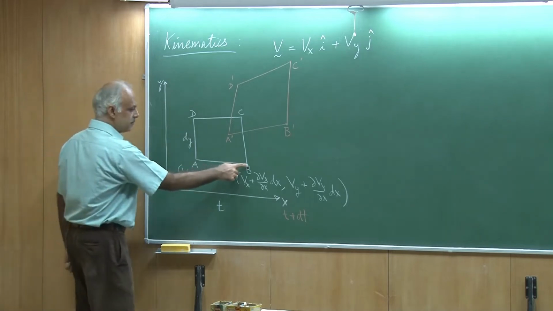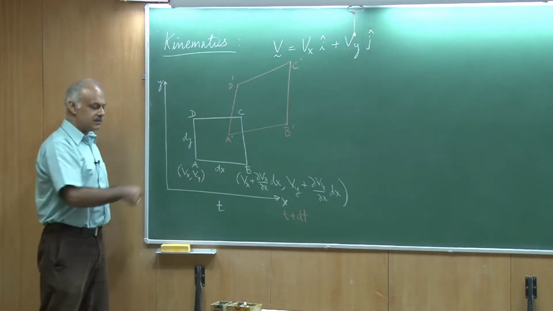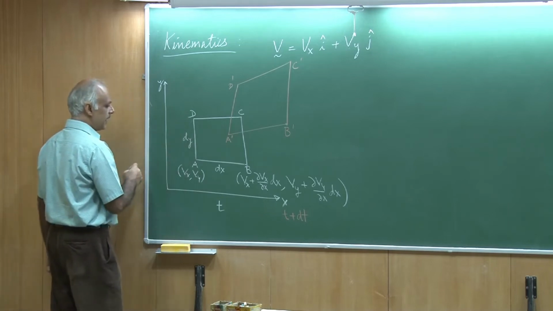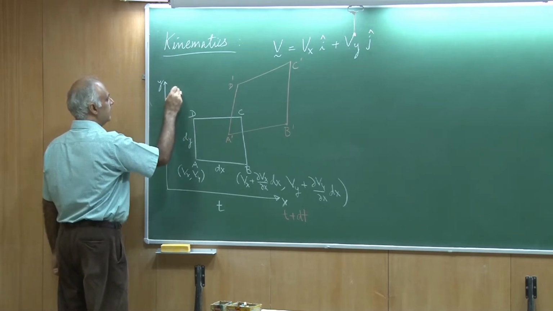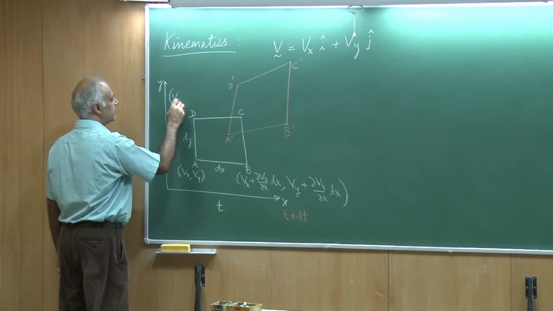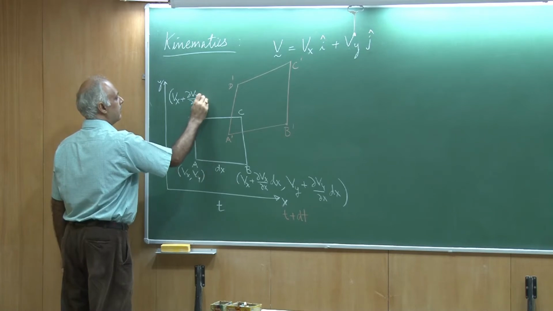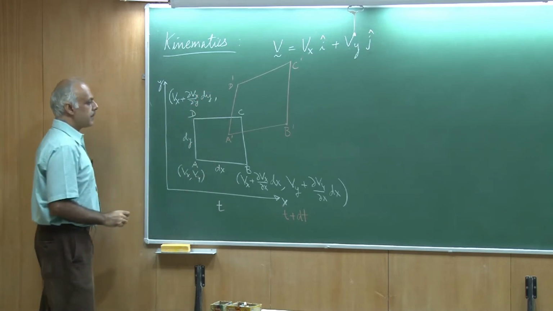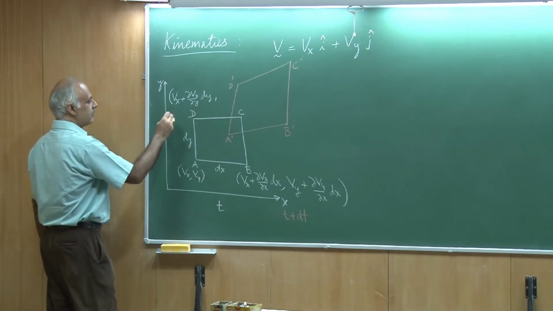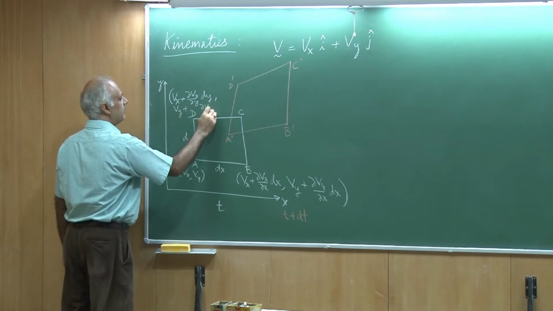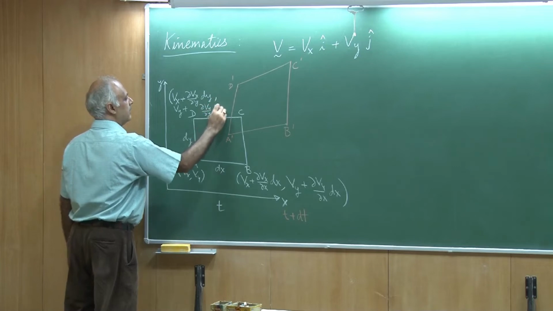So, you can see the speed at B is going to be different than the speed at A. Similarly, at the point D, the velocity would be Vx plus del Vx by del y dy, and likewise the y speed is Vy plus del Vy by del y dy.